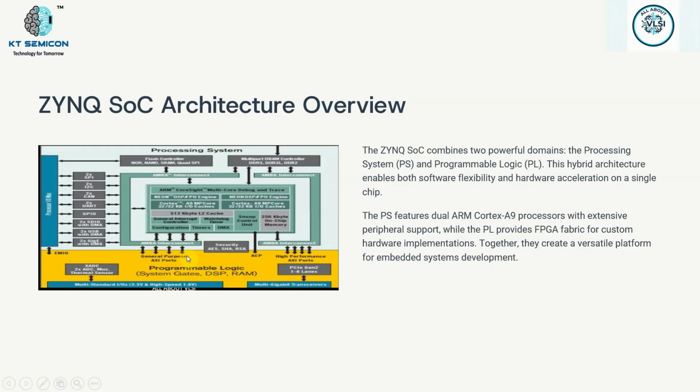We can program our FPGA in whatever way we want, and that is the customness this FPGA gives us. Together these create a versatile platform for embedded systems development. This is my Zynq SoC architecture.